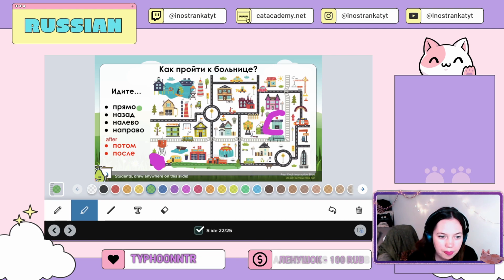After we can say потом. Where should we go, left or right? Потом налево. Идем. Again. После направо.